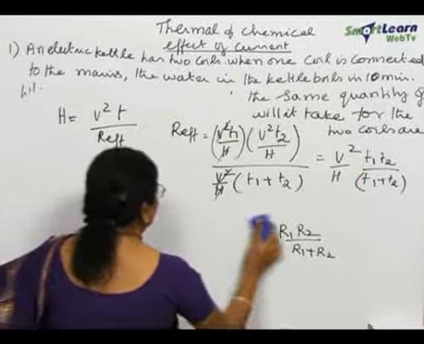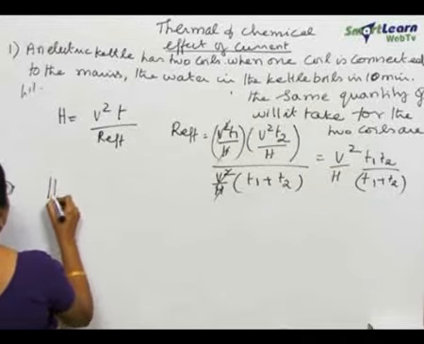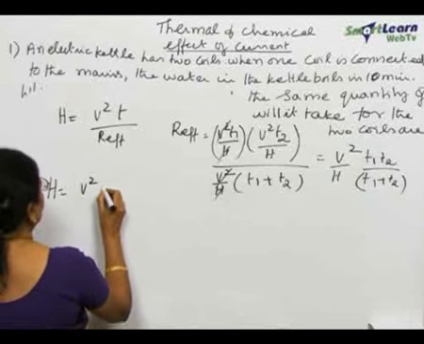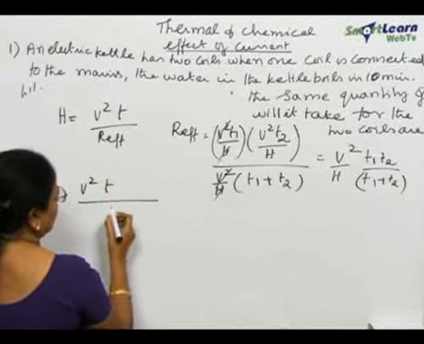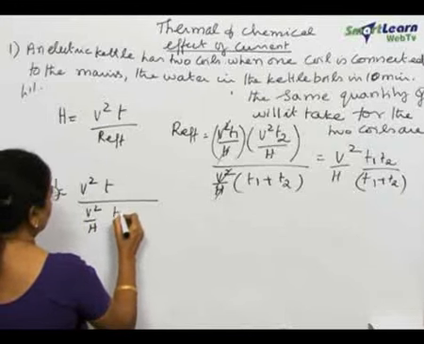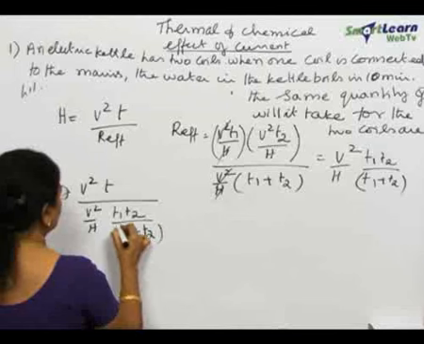Now, let us substitute it in the previous equation. So, H is equal to V square T divided by V square by H into T1 T2 by T1 plus T2.